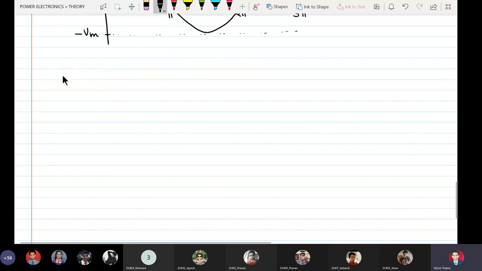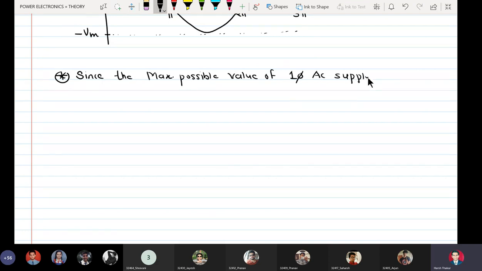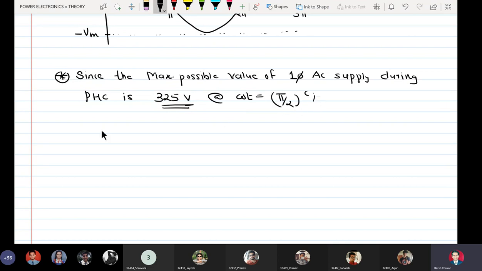So the conclusion is, since the maximum possible value of a single phase AC supply during the positive half cycle is 325 volts at omega t equal to pi by 2 radians, it cannot fire an SCR in the absence of a gate pulse.